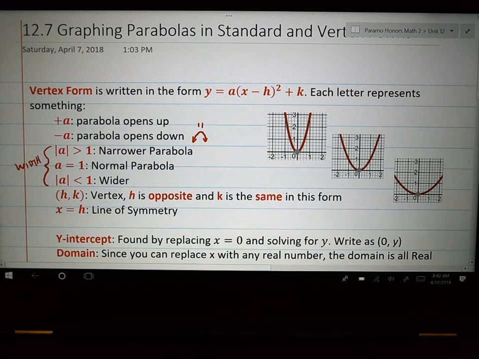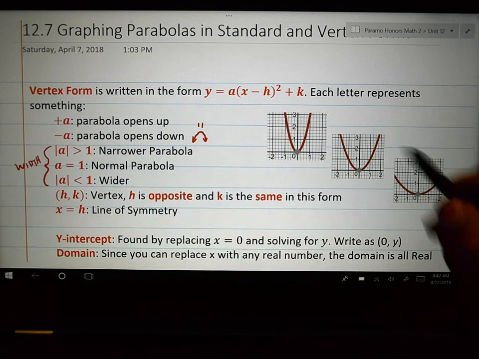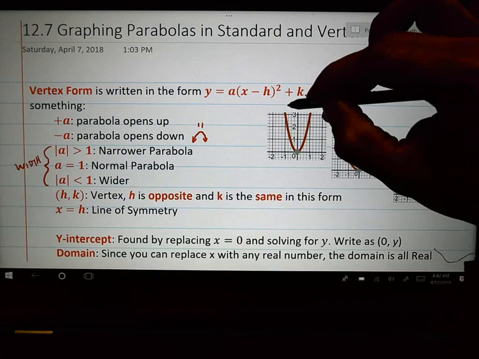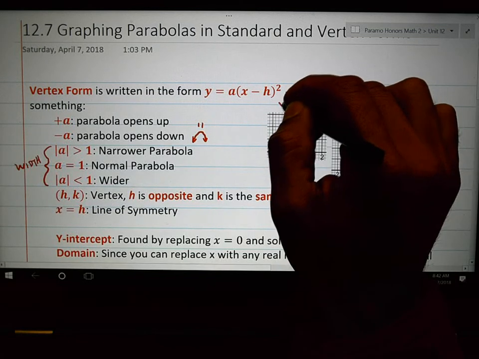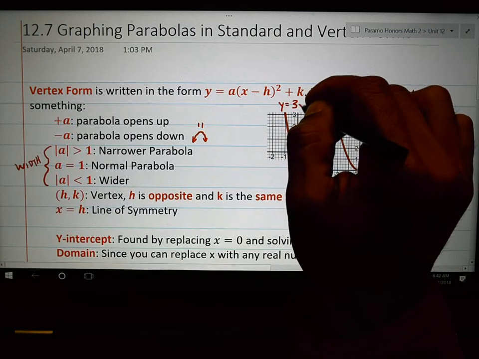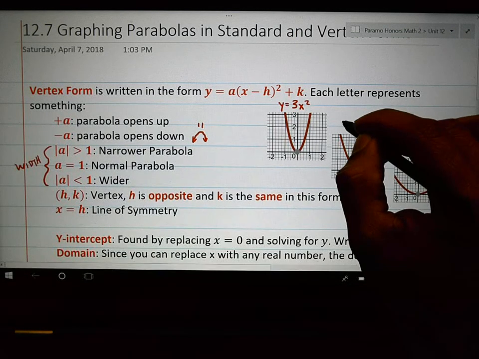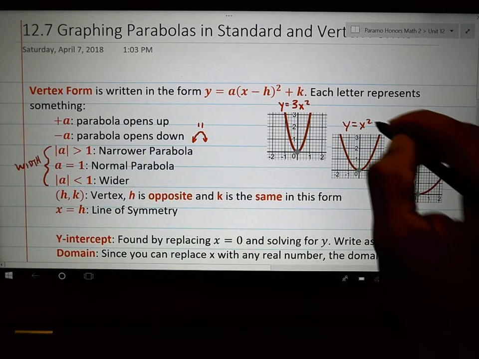Now I have three examples over here just to show you what the A value does. What I'm hoping you realized is that this A value was actually y, let me write that down, y equals 3x squared. This one is y equals x squared.